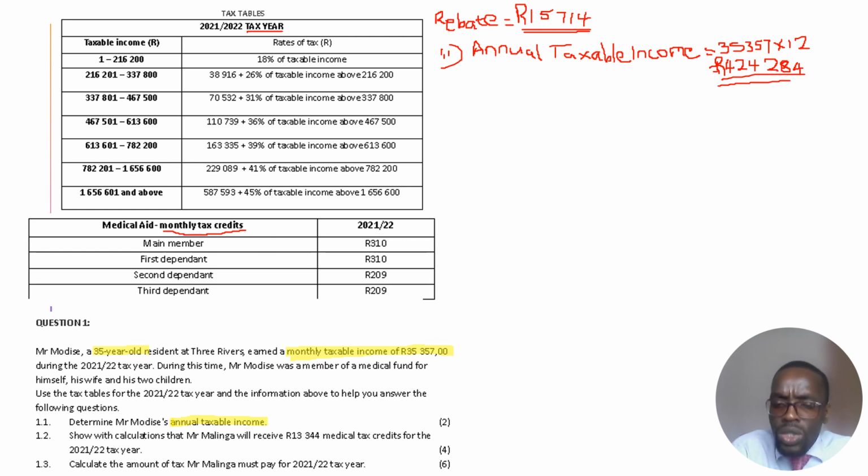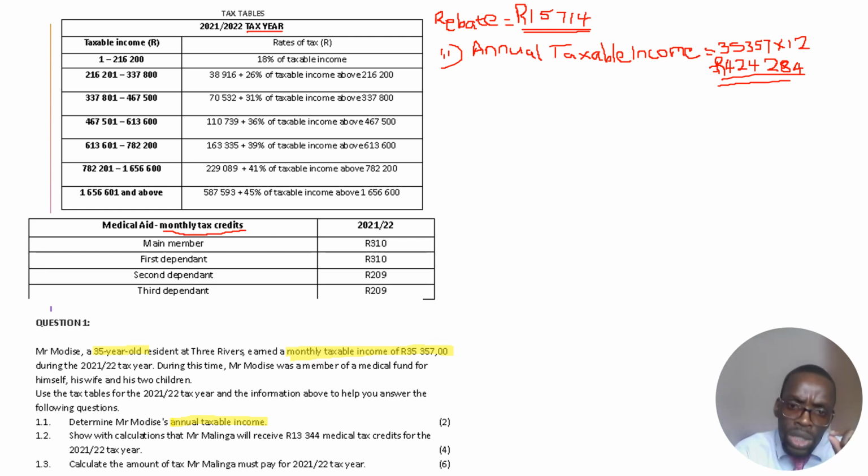You need to be very careful when dealing with this and make sure that everything is the same. The easier way that I always encourage learners is to make sure that these monthly credits are converted to yearly, and this monthly salary we have converted to a yearly salary.